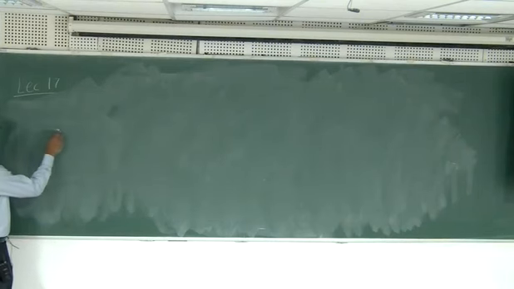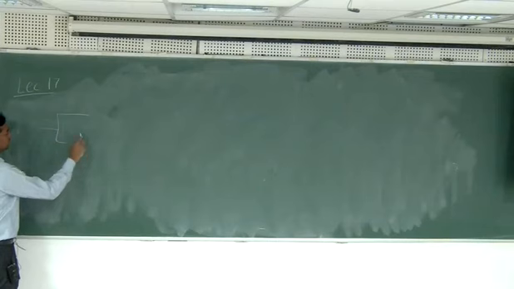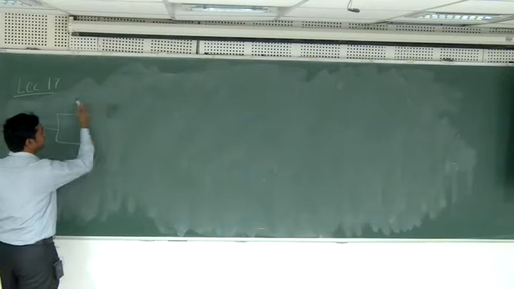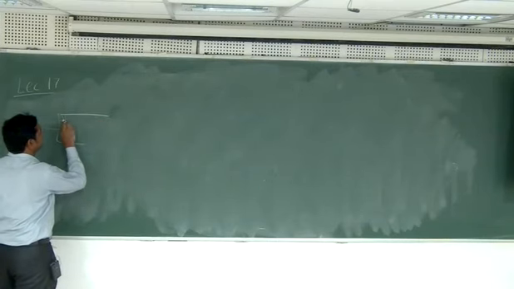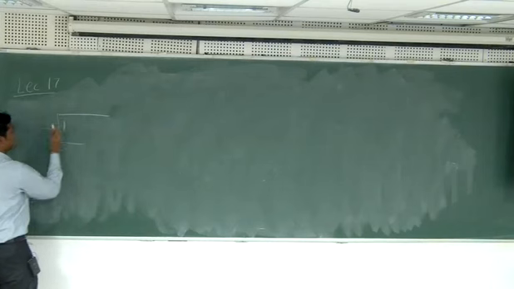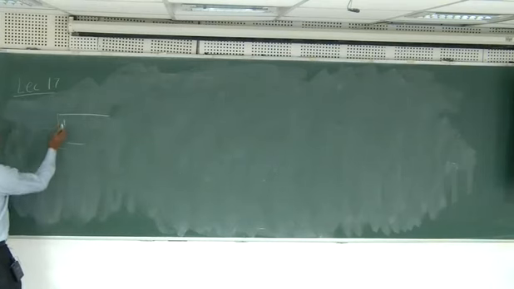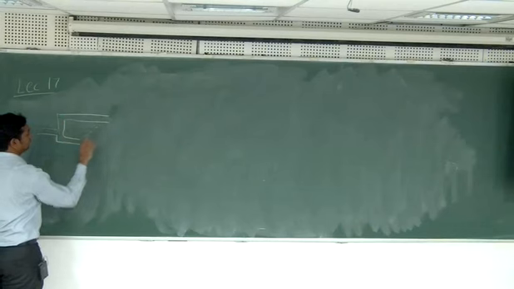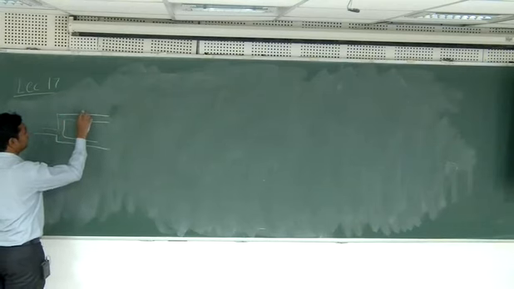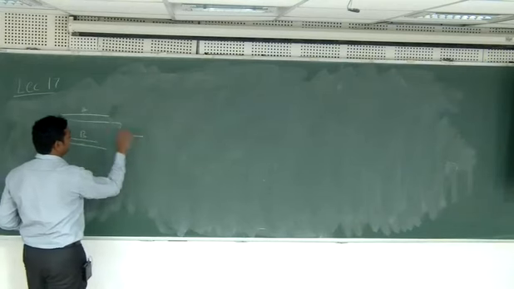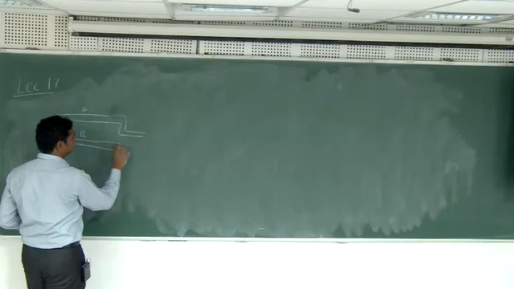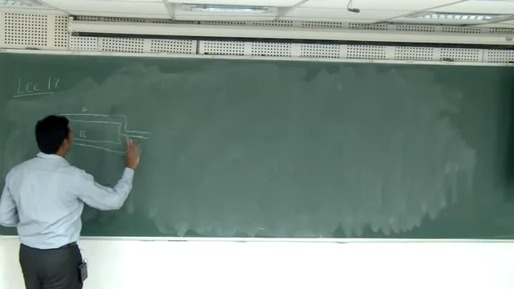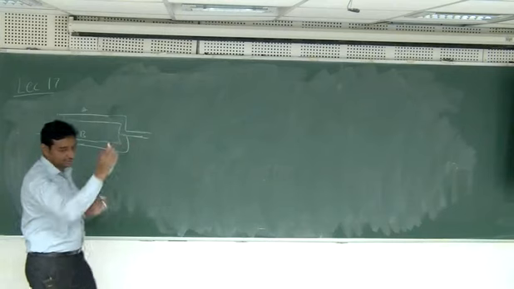Let's say there are two pipelines. So this pipeline is A. Let me draw like a pipe. So this is A and this is B. Let's say this distance is a very long distance.